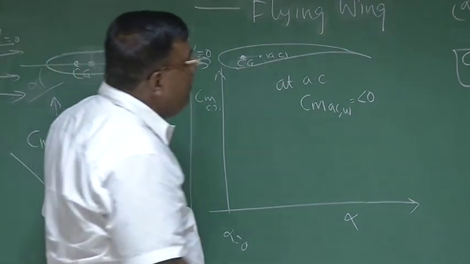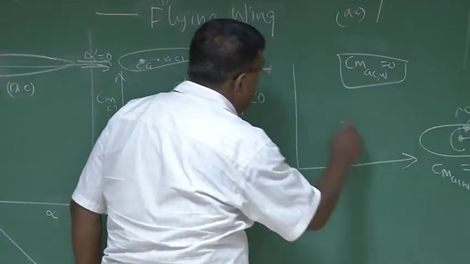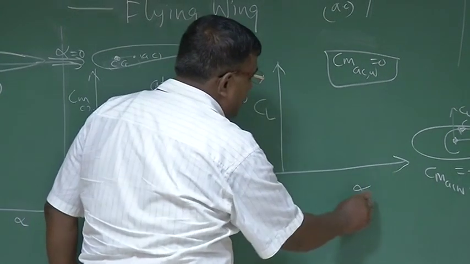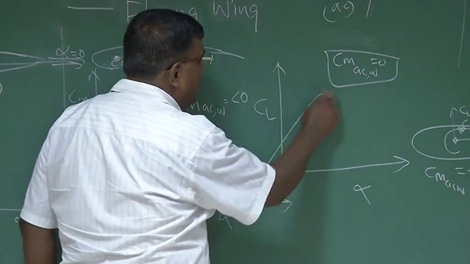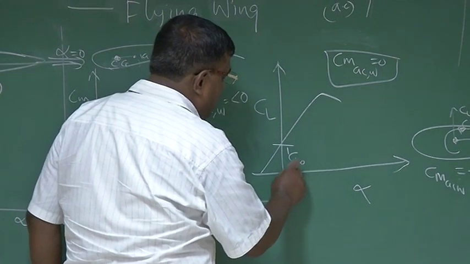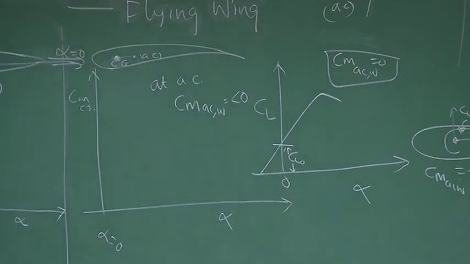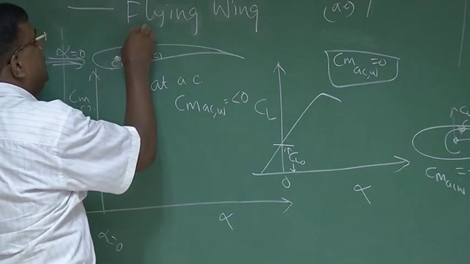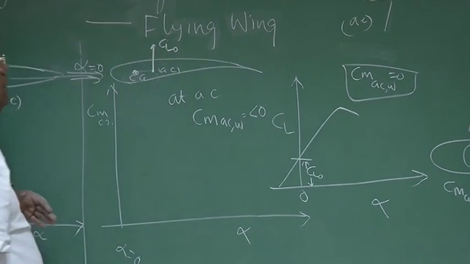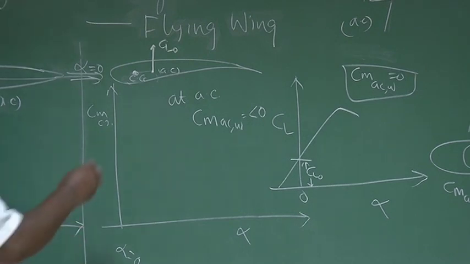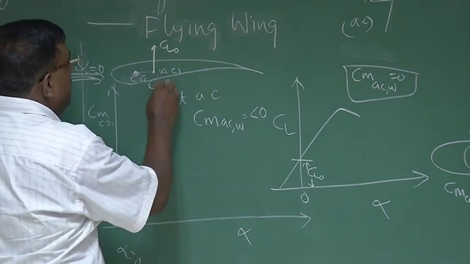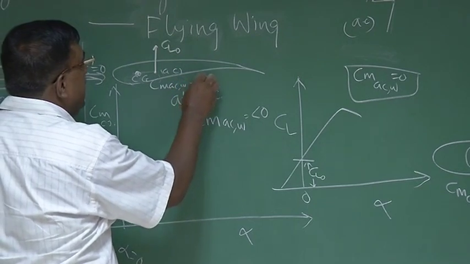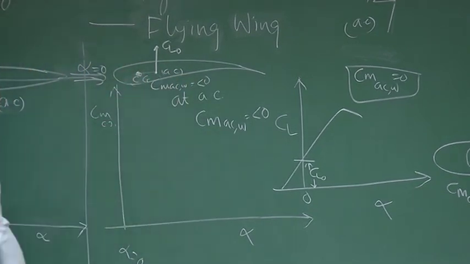For a cambered aerofoil, you also know if I plot CL versus alpha, at alpha equal to 0, there is some positive CL, we call it CL naught. So what is happening now? If flow is coming such that alpha is 0, this much CL naught will act at AC. No issues? Over and above, there is a CMAC wing which is negative. So overall moment about the CG at alpha equal to 0 will become more negative.